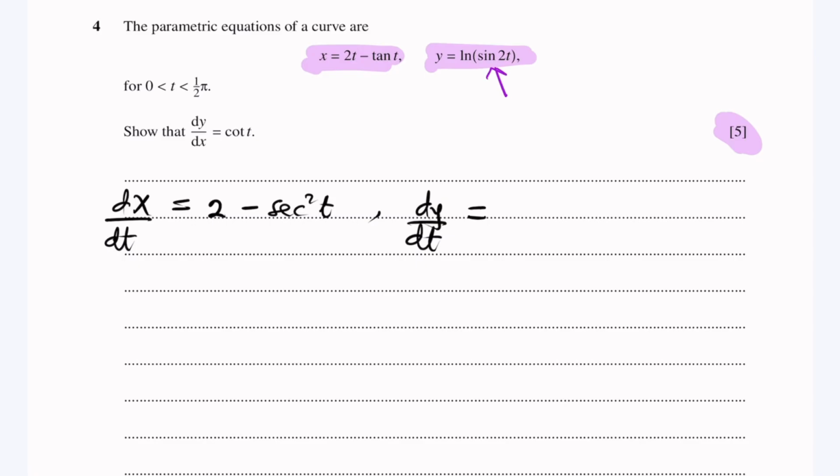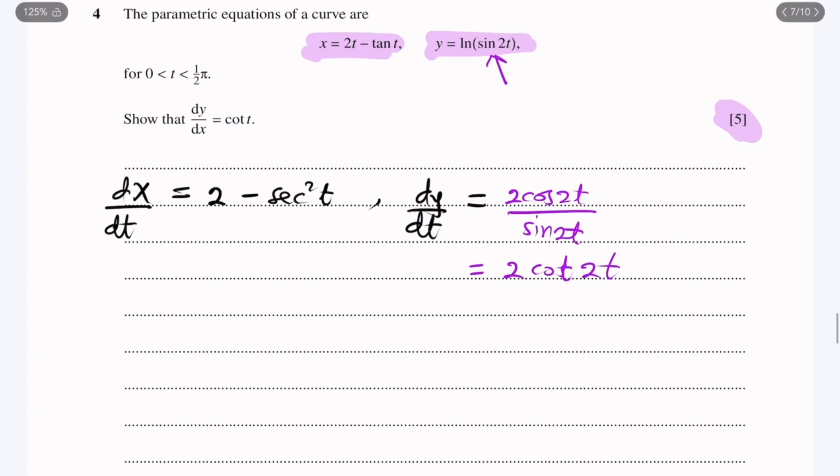So we differentiate sine 2t, we get 2 cos 2t over what is in the bracket, which is sine 2t. So this technically becomes 2 cot 2t.